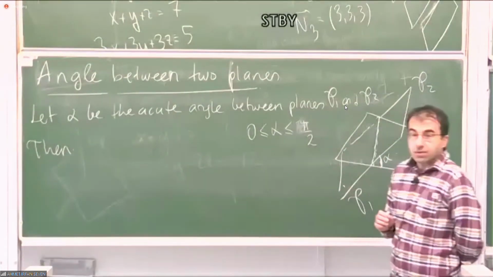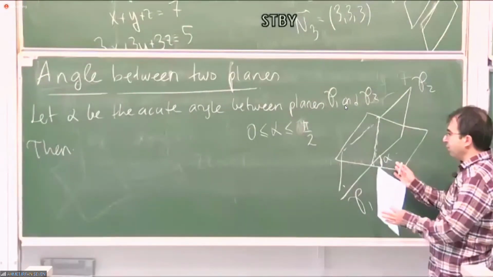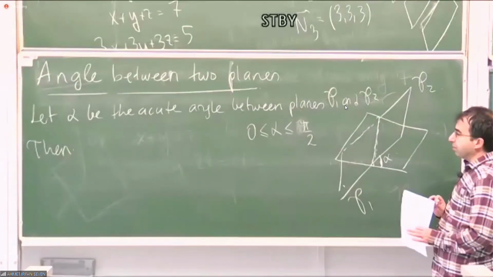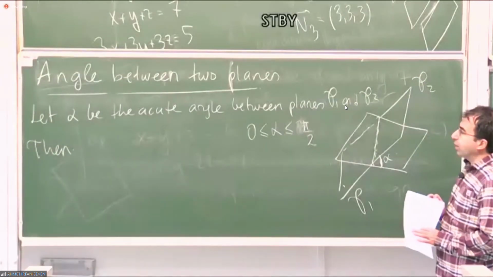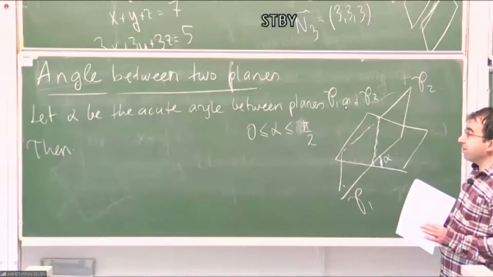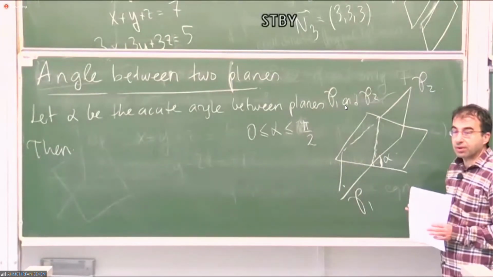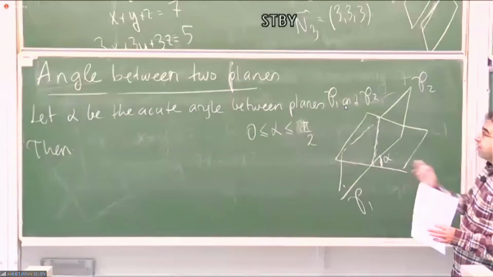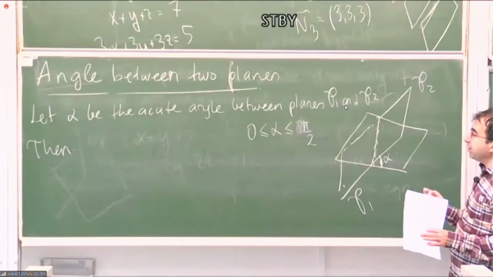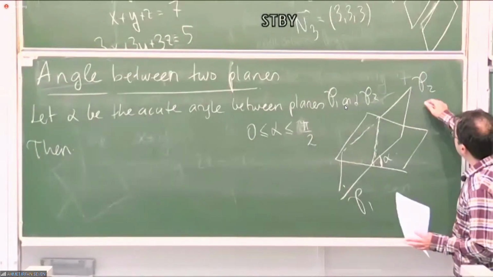Okay, then how can we compute this angle alpha? This could be very difficult if we just look from outside, but when we hear the term angle, we remember that we can compute the angle between vectors very easily using the dot product. So let's now relate this one to the angle between vectors. Now, what vectors do we have for the planes?